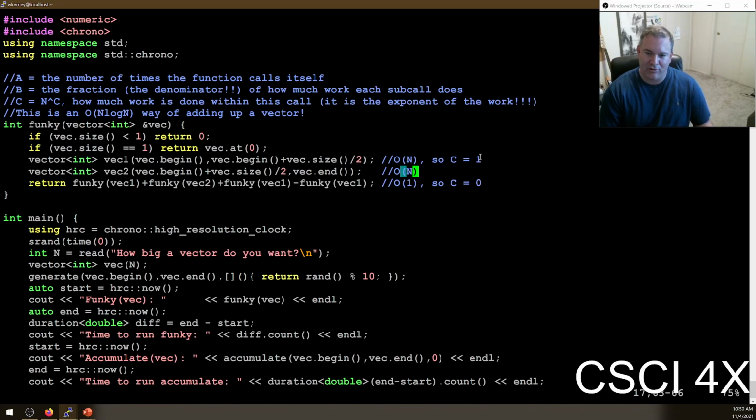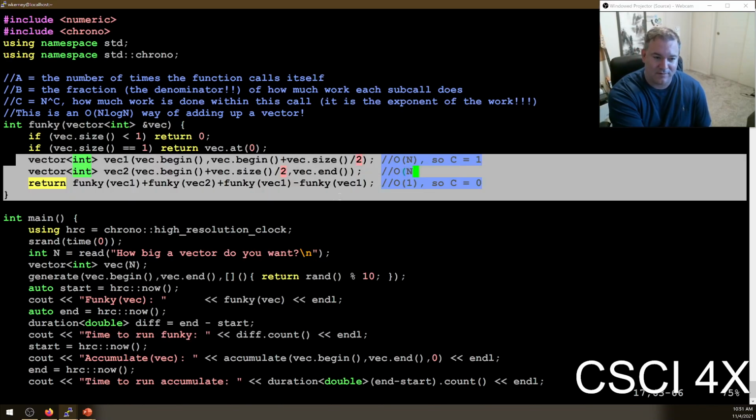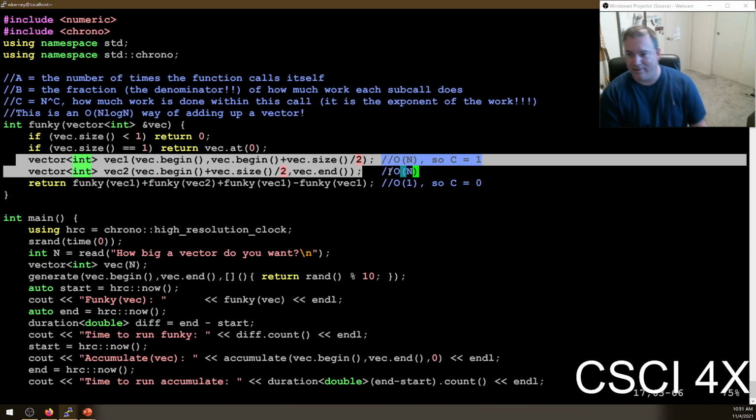How much work is done at each level of funky? Each individual instance of funky, how much work does it actually do rather than offloading to some other level? C is 1, because we're still doing this really ugly extraneous copy.